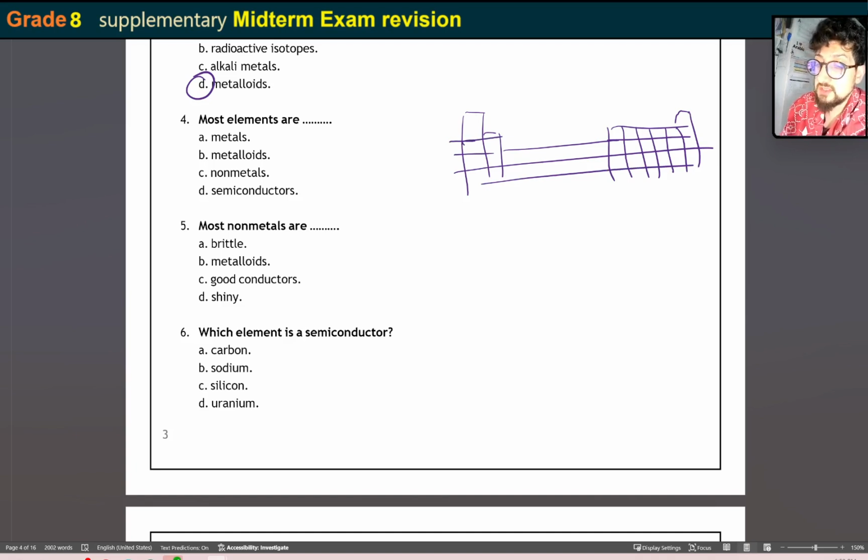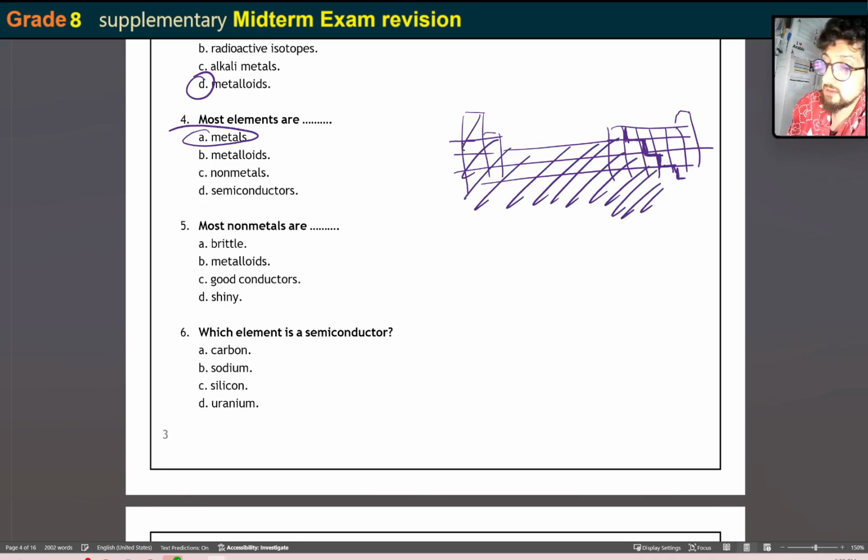If we look at the periodic table, most of it is metals. But on Earth, and in the universe, there are more non-metals in amounts than metals. I hope that makes sense.